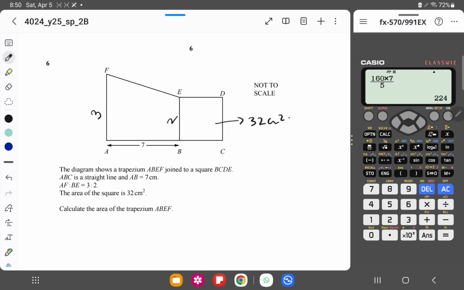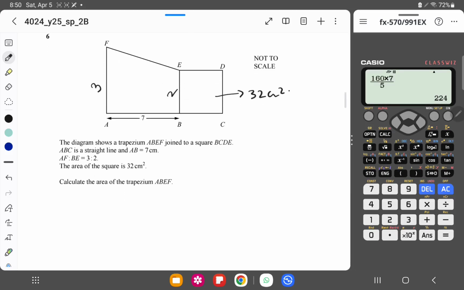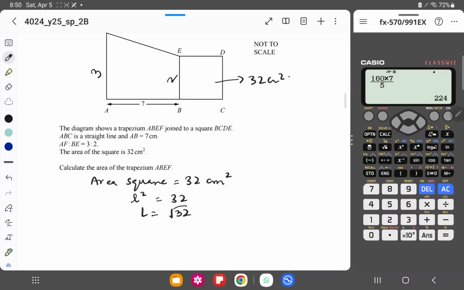So we can easily find the length. Let L be the side, so L squared equals 32 square centimeters. So L will equal the square root of 32, and as it is a side, we just take the positive one. The square root of 32 is 4 square root 2.